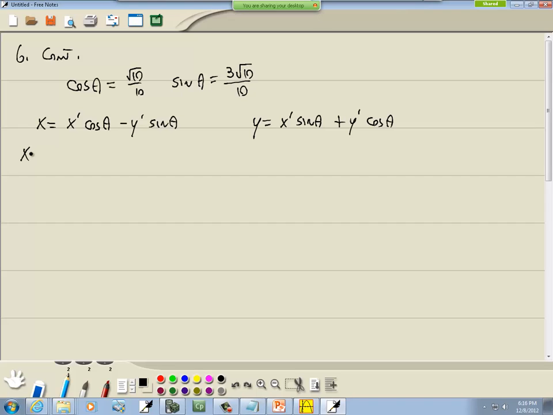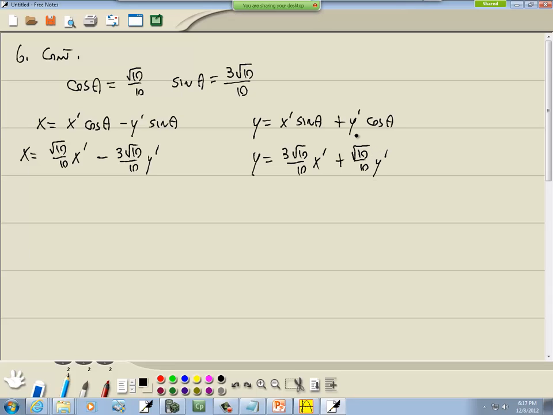Okay, so we got x is equal to, and we just said cosine theta is equal to square root of 10 over 10, so we got square root of 10 over 10 x prime minus sine, which is 3 square root of 10 over 10, y prime. And this one, sine was 3 square root of 10 over 10 x prime plus cosine, which is square root of 10 over 10, y prime.